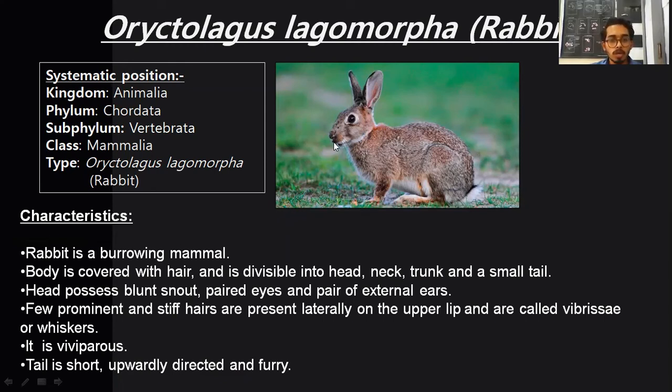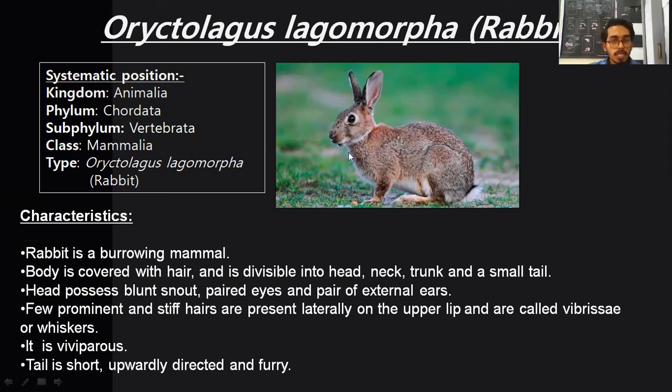The head possesses a blunt snout, paired eyes, and a pair of external ears. A few prominent and stiff hairs are present laterally on the upper lip of the mouth. These are called vibrissae or whiskers.